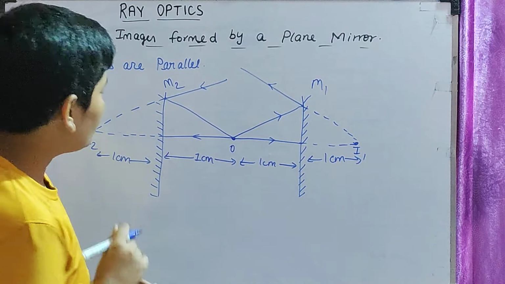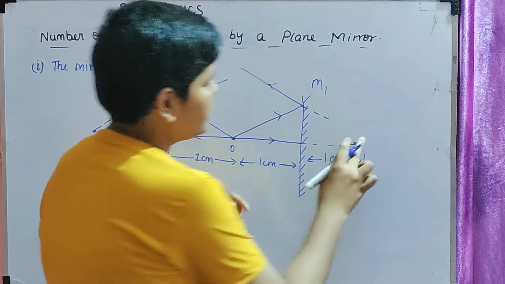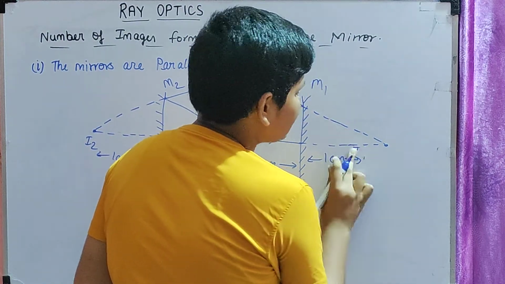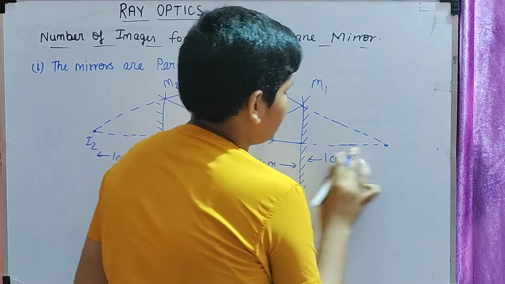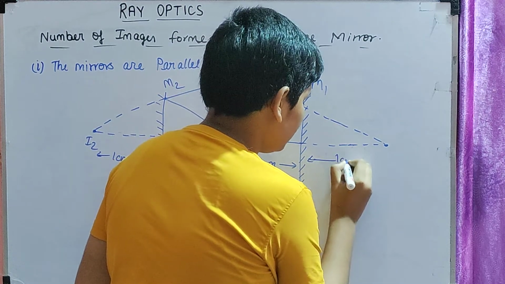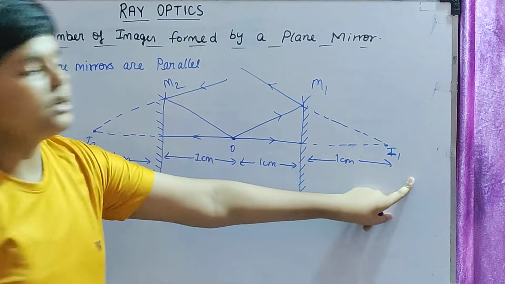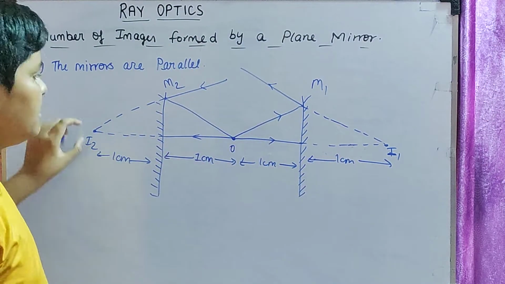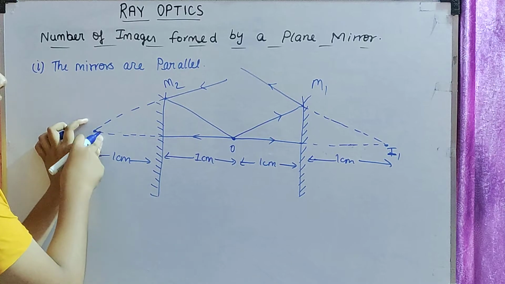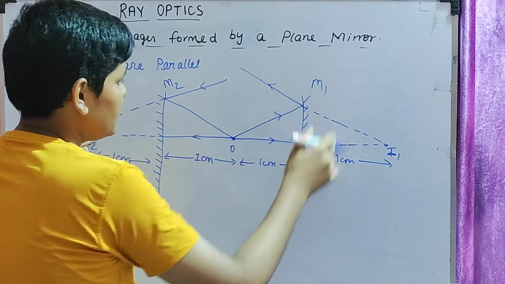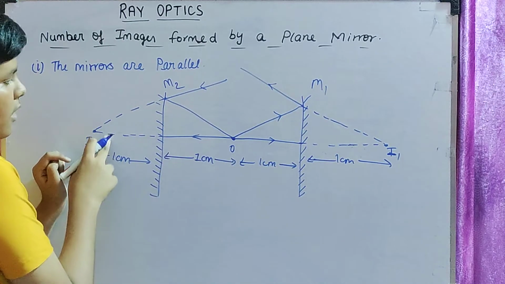Now one more important property which you have to learn about the mirrors is that the image acts as object for the other mirror. So this is one important thing, 1 centimeter, I1. Here this I2 will act as an object for this mirror M1. So for mirror M1, this will be the object.